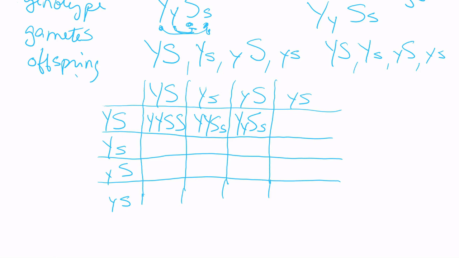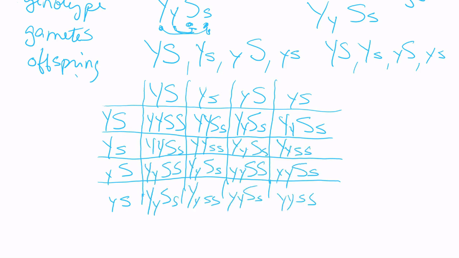And finally on this row we've got a big Y and a little y and a big S and a little s. Now we'll fill out the rest of this Punnett square. So now we've completed our Punnett square. It's time to go through and analyze it.